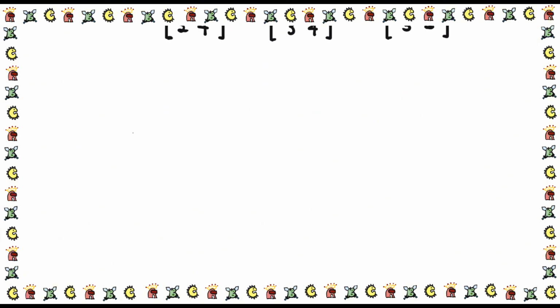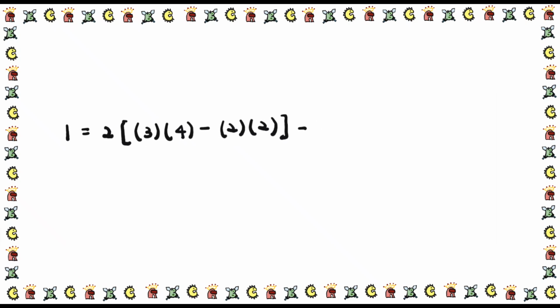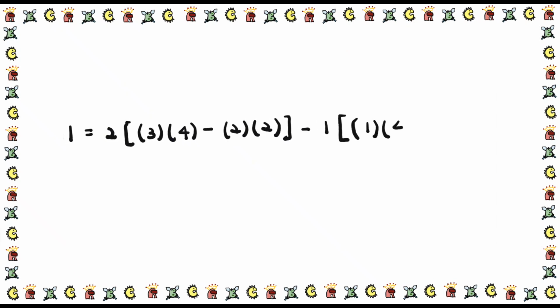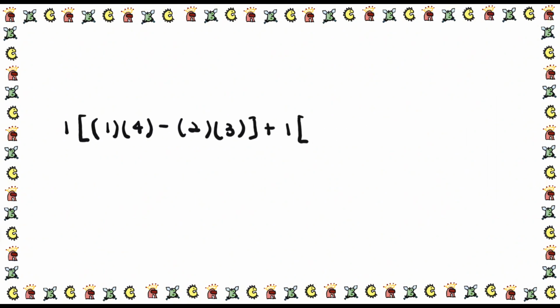Just like finding the determinant of a 2 times 2 matrix, we get the determinant of matrix A equal to 2 times (3 times 4 minus 2 times 2), then minus 1 times (1 times 4 minus 2 times 3) plus 1 times (1 times 2 minus 3 times 3).